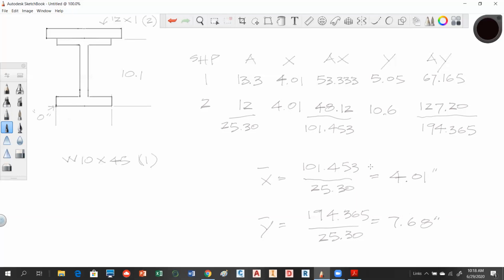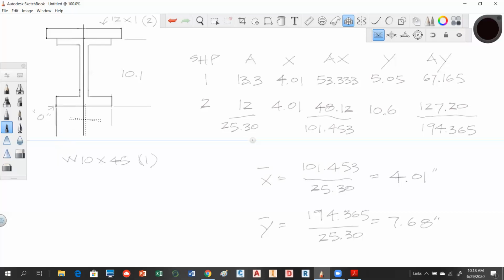Notice these are all the same, so it's symmetric. If we go in there and draw that location, your centroidal y-axis is something like this. So this would be our x bar distance, like that. So that's my x bar value, and that's symmetric. And if we look at the y, think about this.